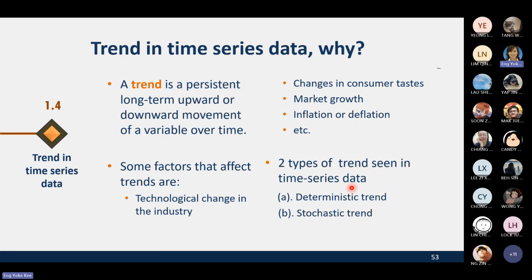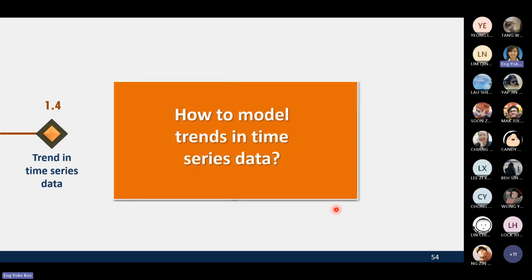So in time series analysis, there are two ways. One is what we call the deterministic trend pattern. The other one is what I call stochastic trend. Okay, let's look at the key difference between these two. So how do you model trend? You see data is going up or going down in a persistent manner. So how do you model them?